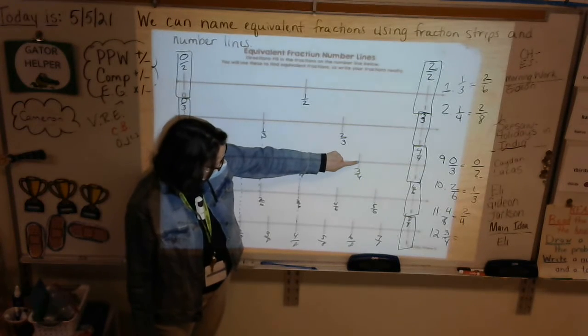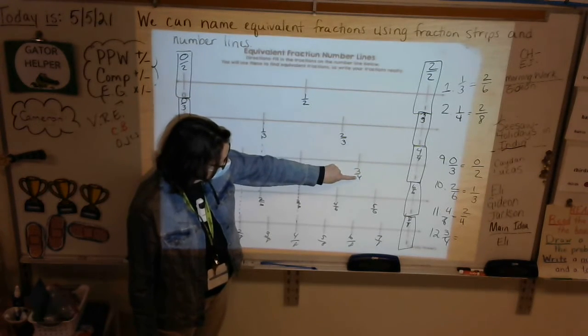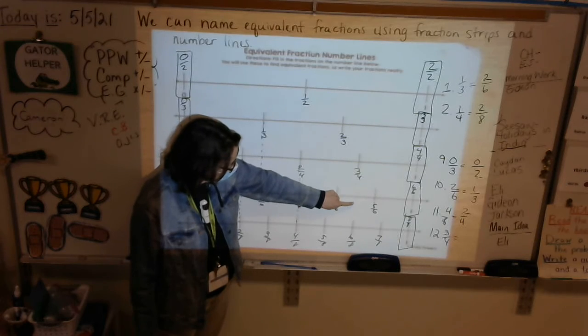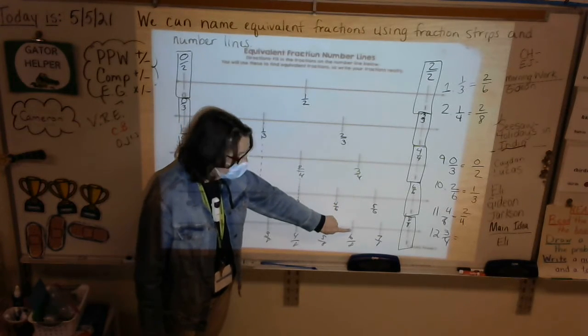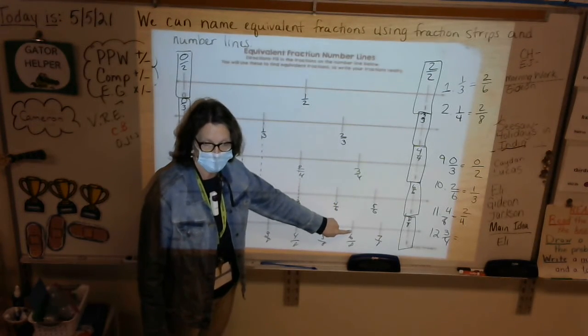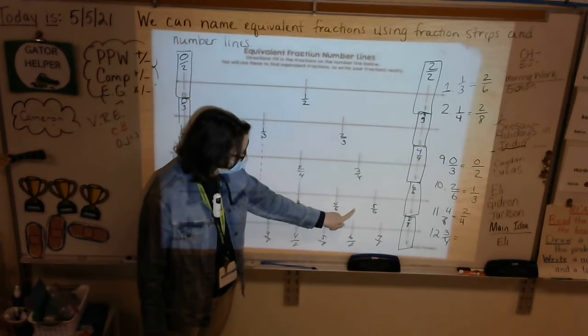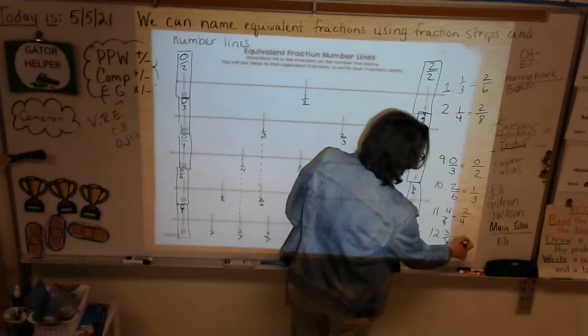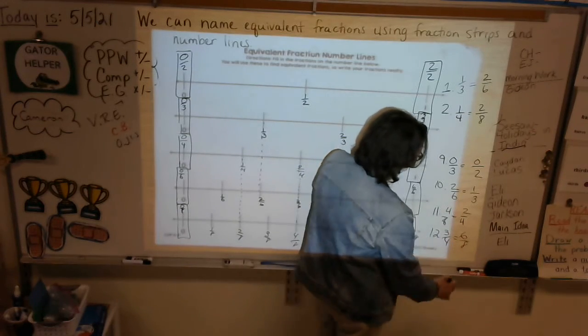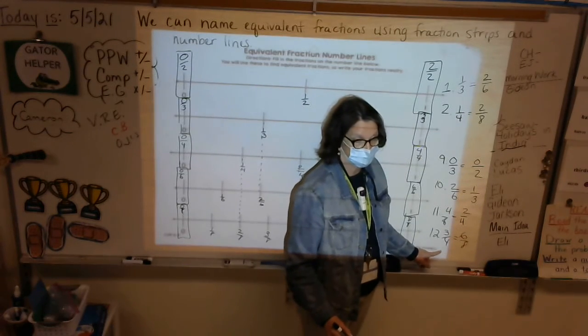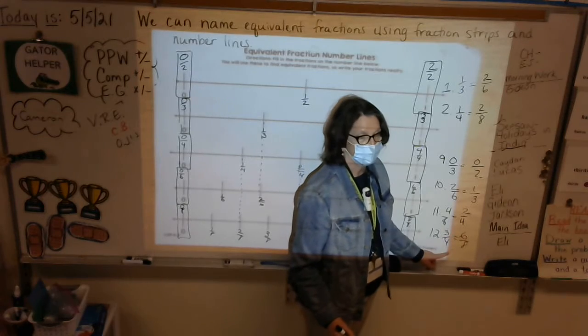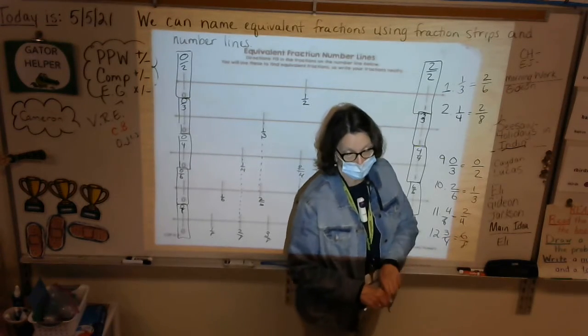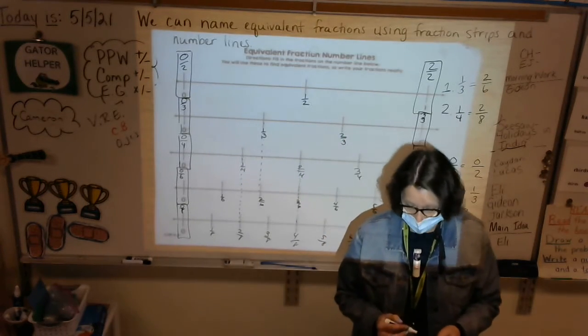And then we have to figure out how many 8ths that is, so we have to travel down to the number line that shows us 8ths. If you look at 3/4, how many 8ths is that equivalent to? It is equivalent to 6 8ths. Very good. And there's that example. If we multiply both the numerator and denominator by 2, we would get 3 times 2 is 6, 4 times 2 is 8.